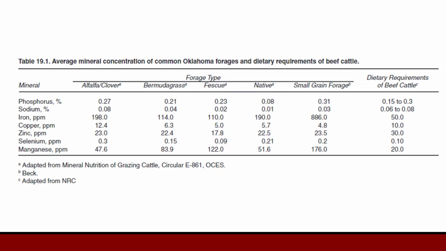All right. I took this table out of, I don't even remember what book, to be honest. But here we have alfalfa and clover, so legumes, Bermuda grass, fescue, native range species, and then small grain forage. And then these give you the animal requirements.